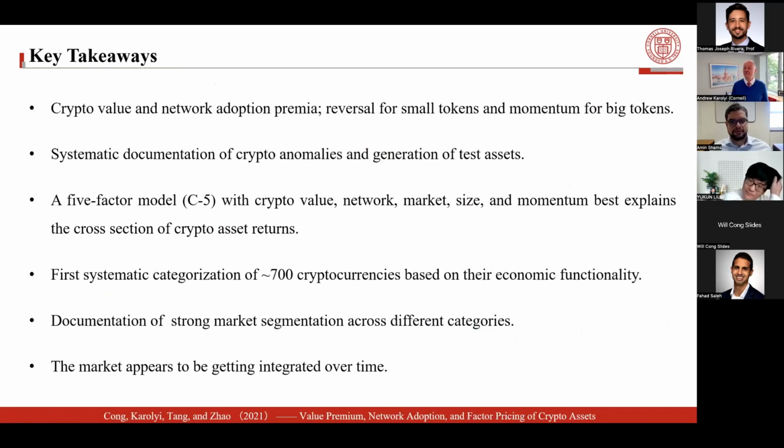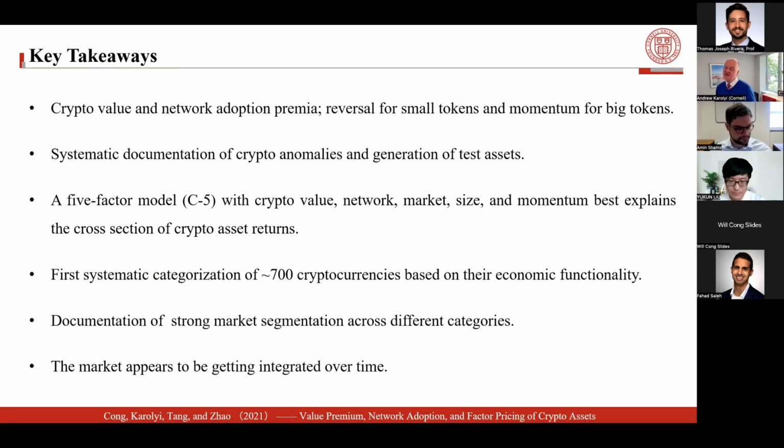So the paper ends by saying, we build this bigger sample, we affirm the evidence that is in previous papers of crypto anomalies, but we come up with some new inferences about just how reliable those are in the broader sample. We bring to the forefront a new C5, crypto 5-factor model that seems to do reasonably well as a workhorse.